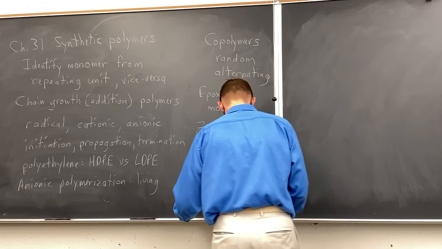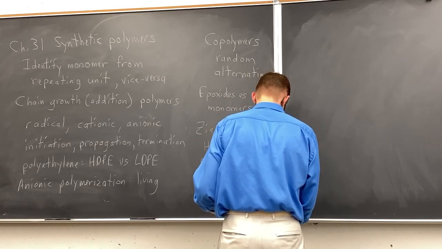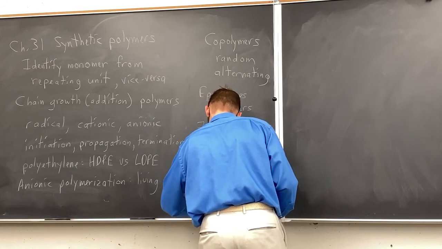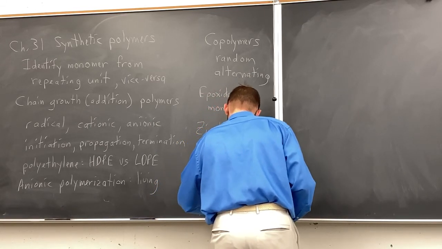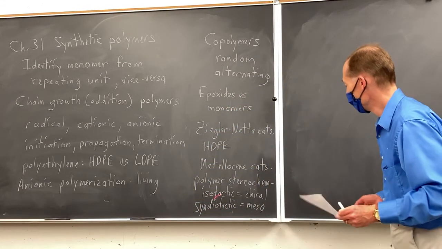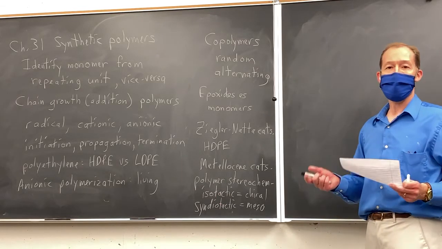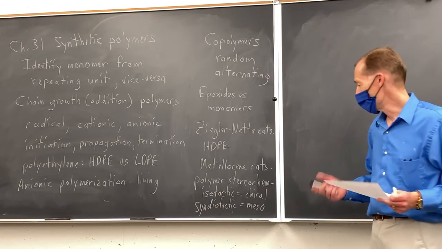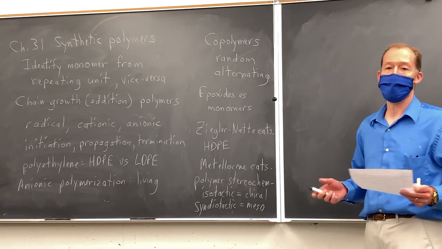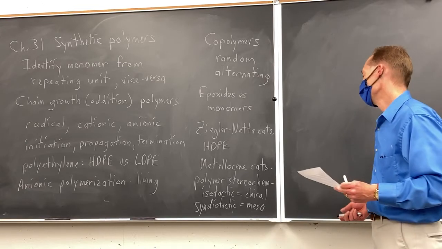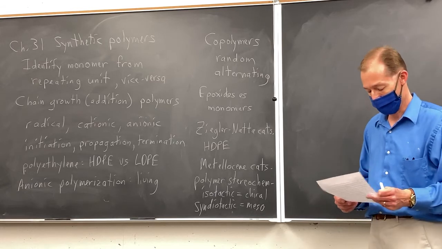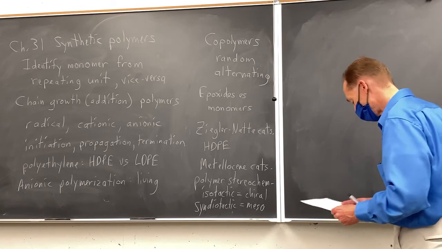Okay. And then a syndiotactic polymer is going to be a meso compound or achiral. Okay. And based on what we've talked about with enantioselective reactions, it shouldn't be a surprise that if you're going to make an isotactic polymer, you're going to need a chiral catalyst. And if you're going to make a syndiotactic polymer, you're going to need a meso catalyst. So that's something we're going to talk about on Monday.